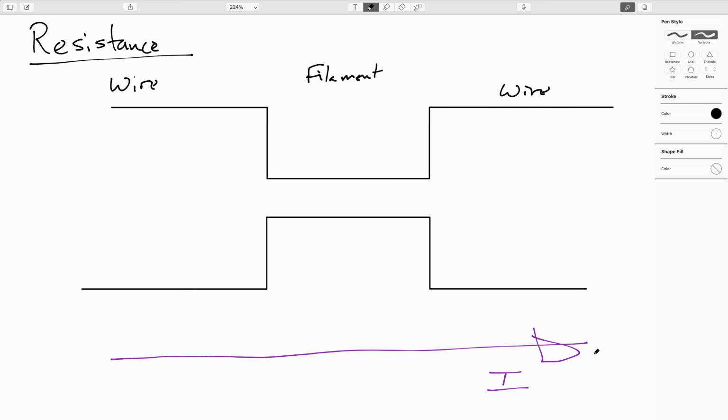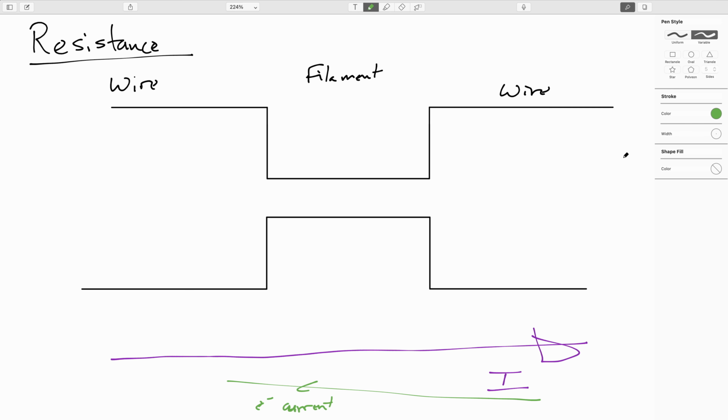So which way are the electrons going to be flowing in this circuit? Yeah, to the left. So we'll have our conventional current flowing to the right, which means that our electron current is flowing to the left.